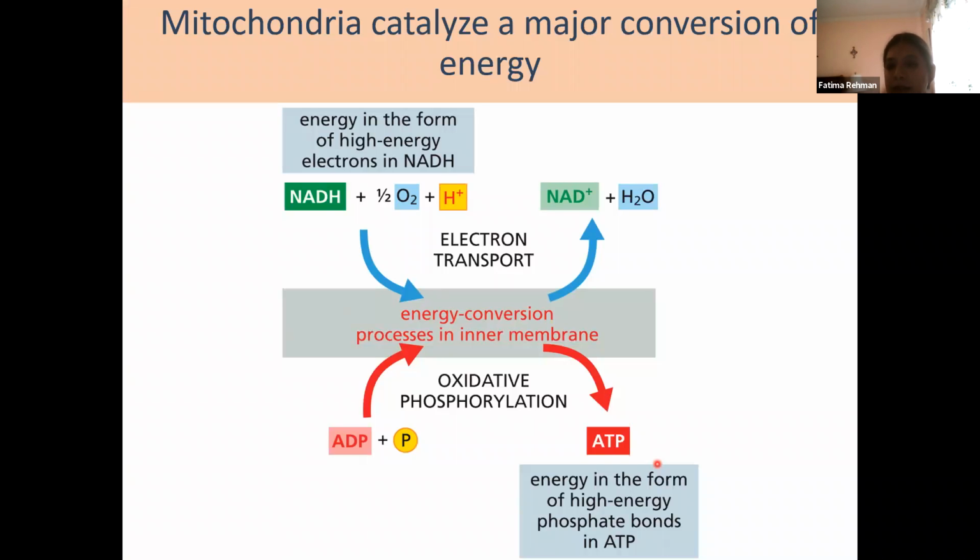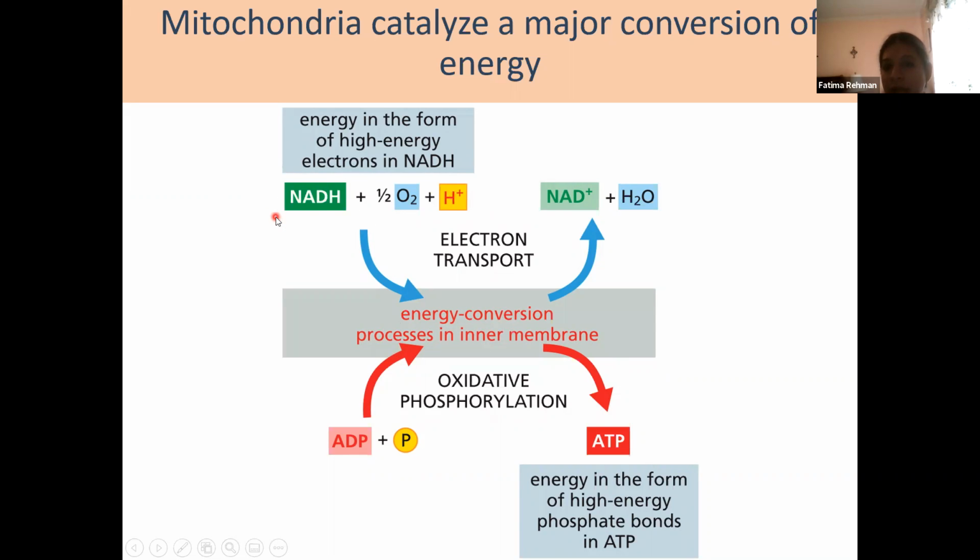Questions about that? I had a question: you said there's one NADH, but 2 protons needed for this? For each NADH, there's only 1 proton needed, but I was trying to balance the equation.